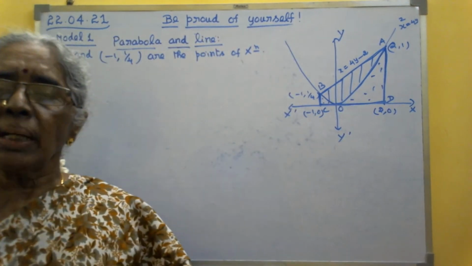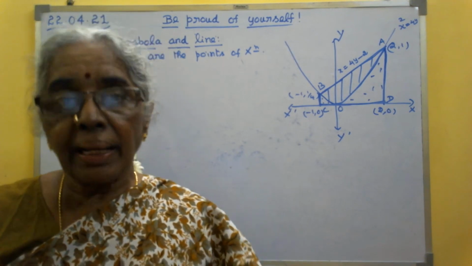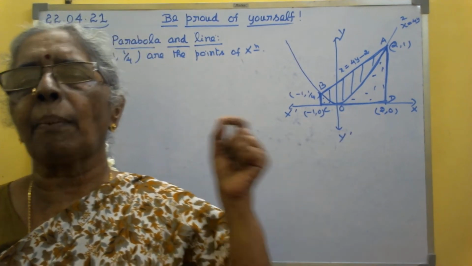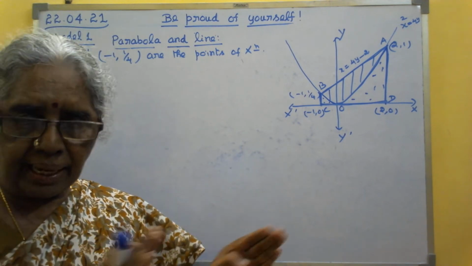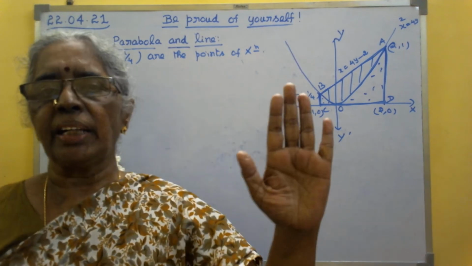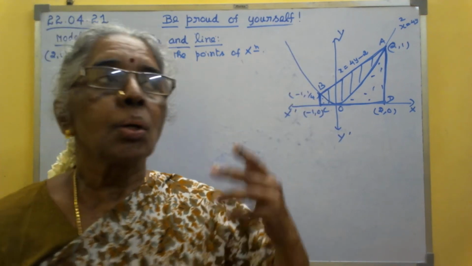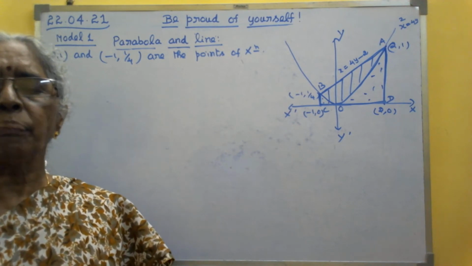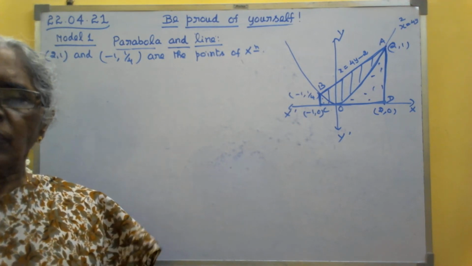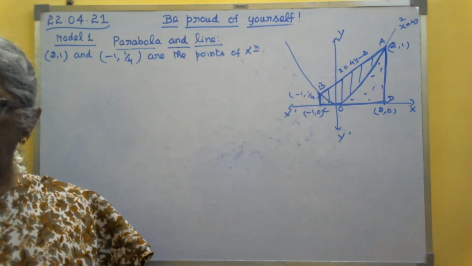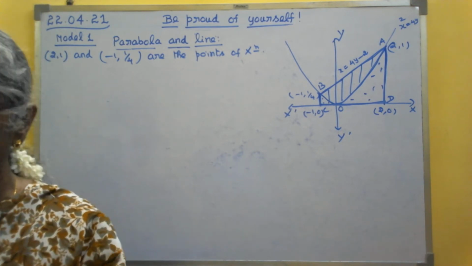So, from the area bounded by the line, if you subtract the area bounded by the parabola within the same limits, you will be getting the area of the shaded portion. Is it clear? So now, you know the area formula is integral a to b y dx. But if there are two curves, it is integral a to b y1 minus y2 dx. All these things you have studied already.